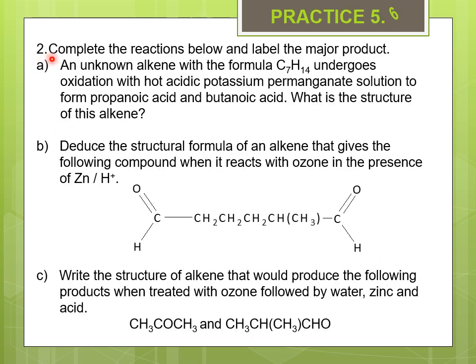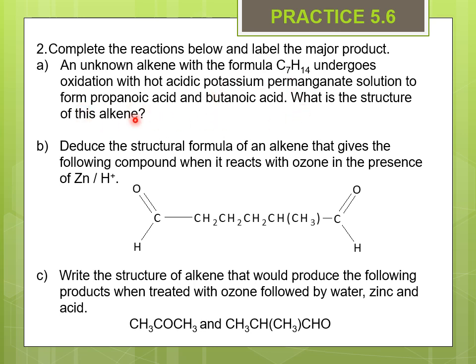Question number 2 is on oxidation. So how are you going to form back an alkene that is produced from the oxidation? So the alkene given will be derived because you are having propanoic acid and butanoic acid as the product.